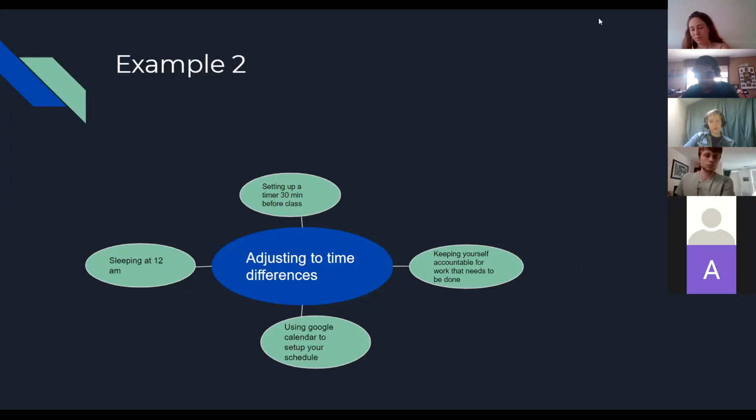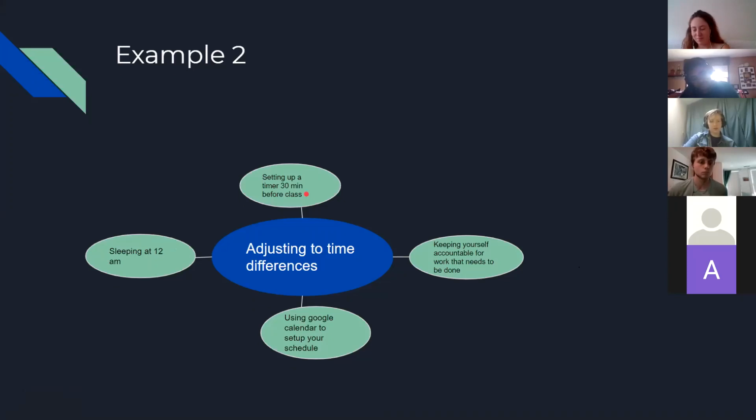So this is an example of one for time differences: set a timer for 30 minutes before class so you don't miss classes, have a regular bedtime, use a Google Calendar to set up a schedule, and keep yourself accountable for work that needs to be done.